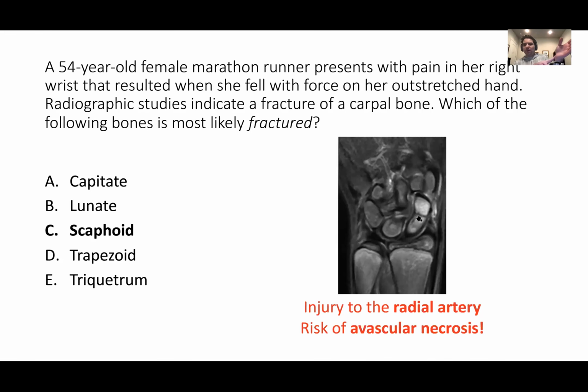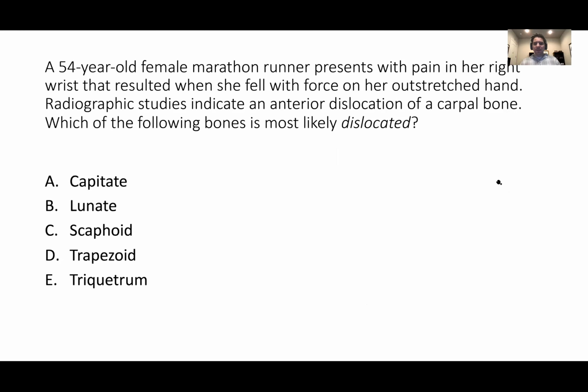Like when you take a radial pulse, it's right around that area. So you can get an injury to the radial artery. Sometimes that's not obvious on x-rays. So you do need to get this checked out, because if you injure the radial artery in this area, you get avascular necrosis, which just means you're not getting blood supply to the area. So the cells die. Okay, now, conversely, same situation, but this one we're talking about a dislocation.